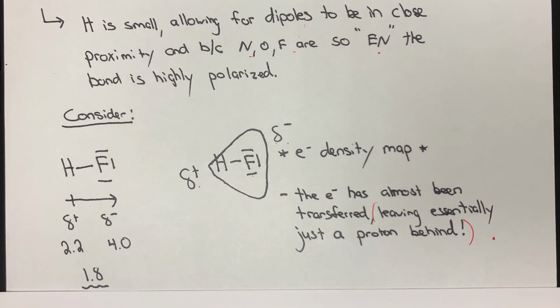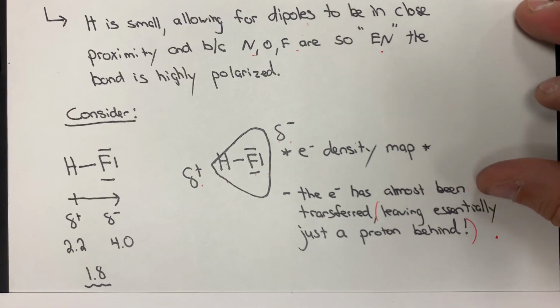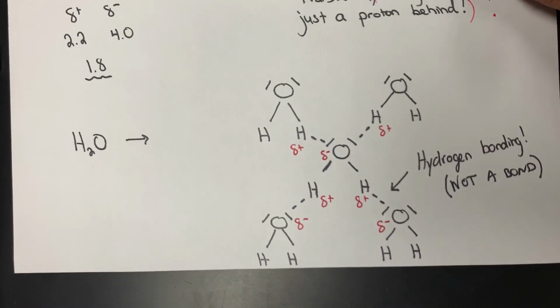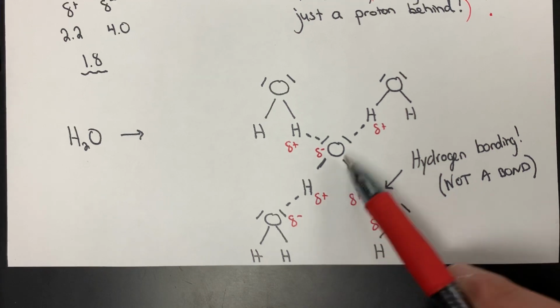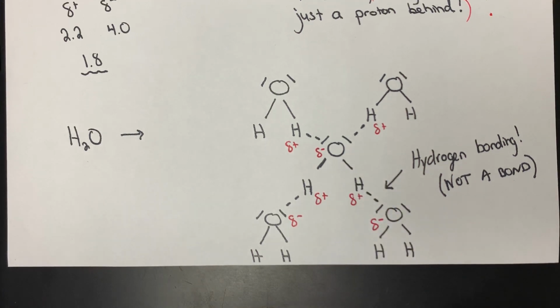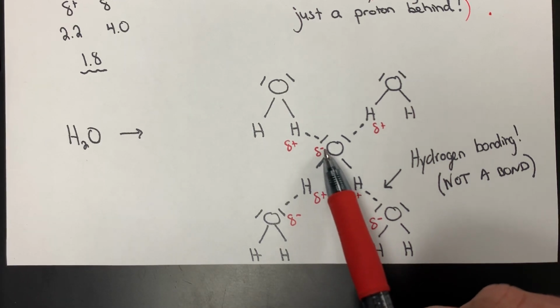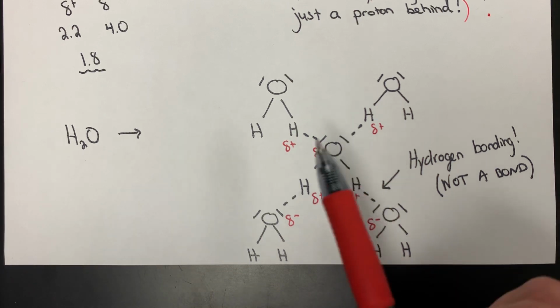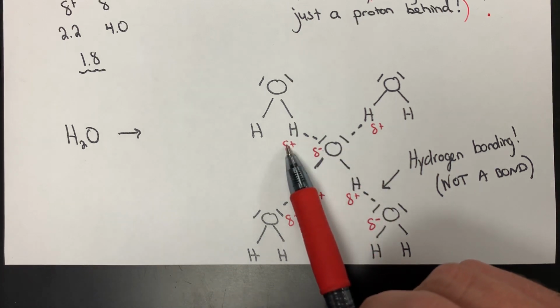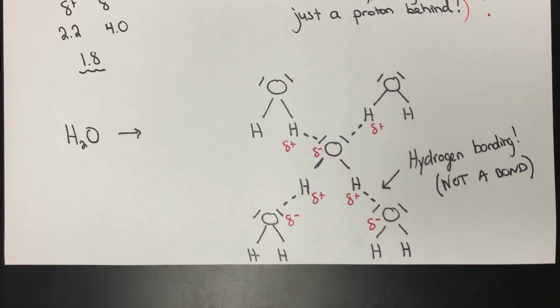If we consider another classic case of hydrogen bonding, let's evaluate our water molecule here. What we find is that a single water molecule has the capacity to hydrogen bond with up to 4 other water molecules, maximizing the partial negative of the oxygen of one water molecule with the partial positive of a hydrogen of a neighboring molecule, again maximizing those attractive interactions, okay?